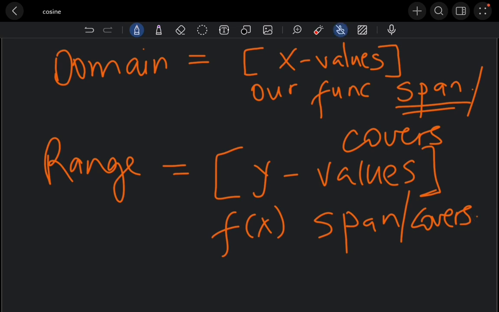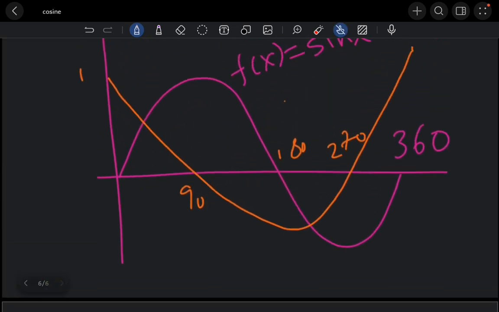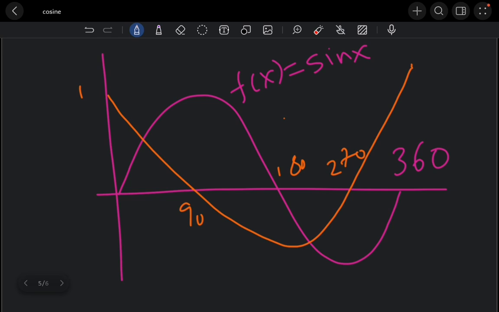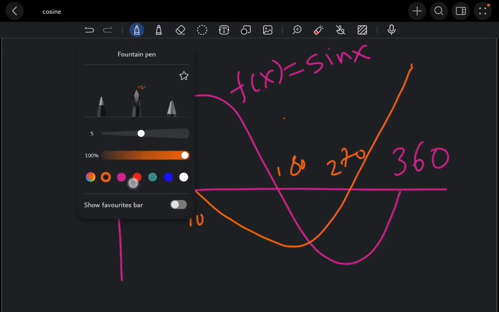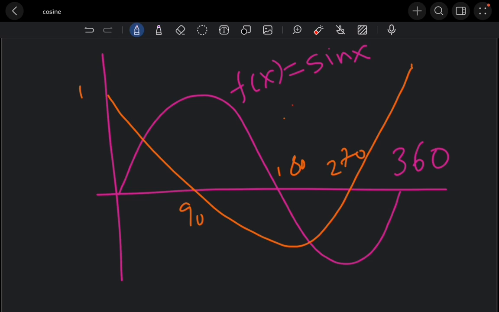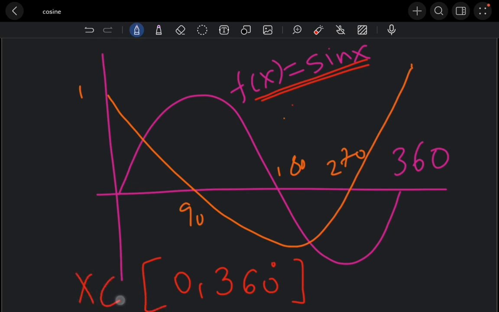Okay, now if you look at this function, if we are interested in finding the domain of sine of x, we know that our domain is going to be 0 to 360, okay, which is our domain.